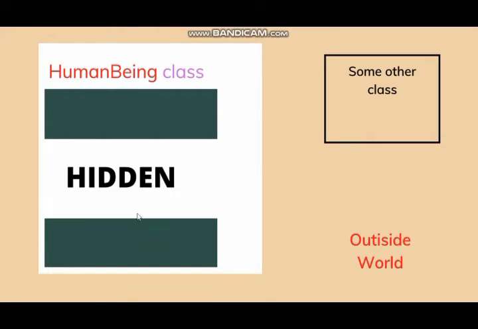So this is an example of encapsulation. The properties and the functions in the human being class are hidden, which means they cannot be accessed by a class from the outside world. Only the human being class can access its properties and functions.